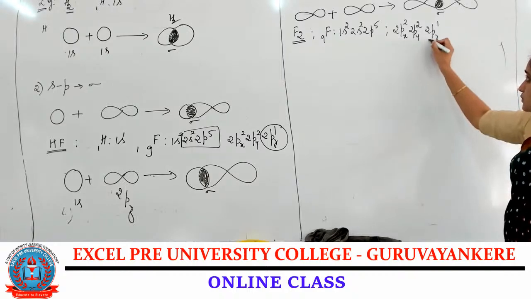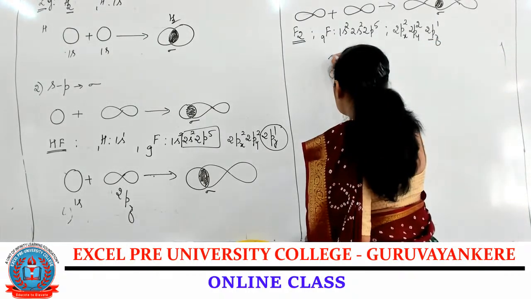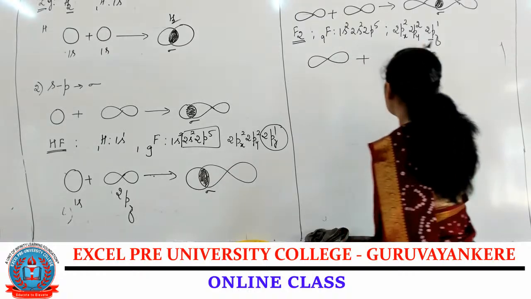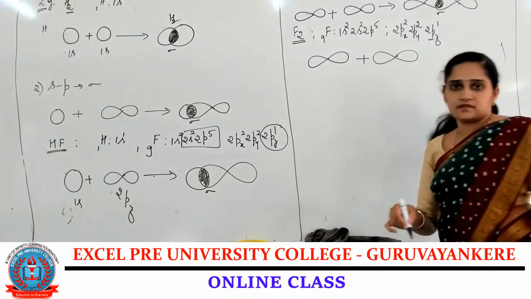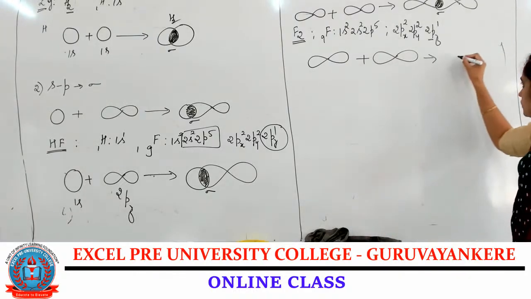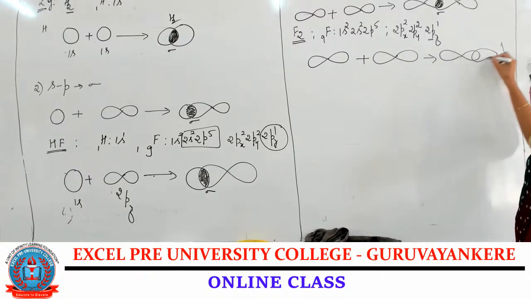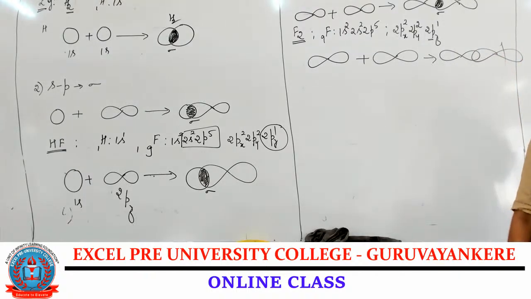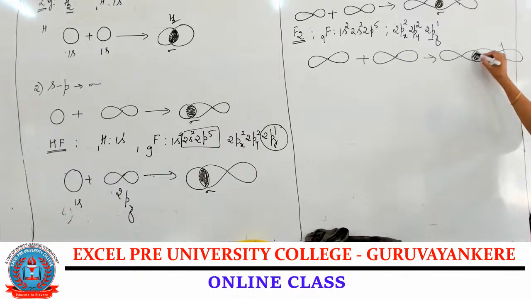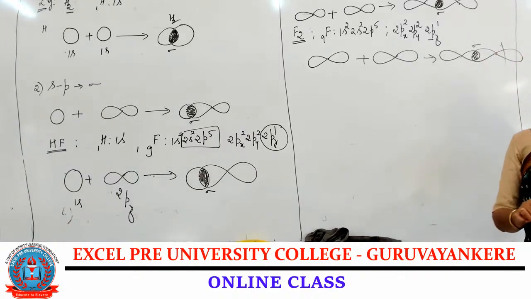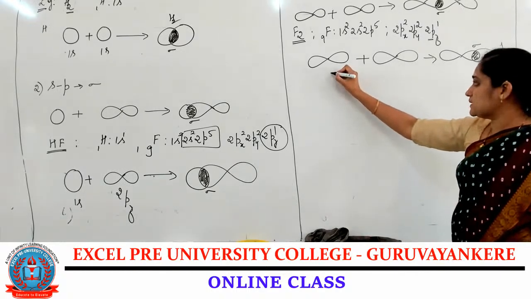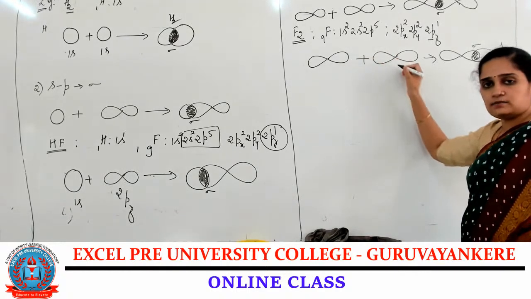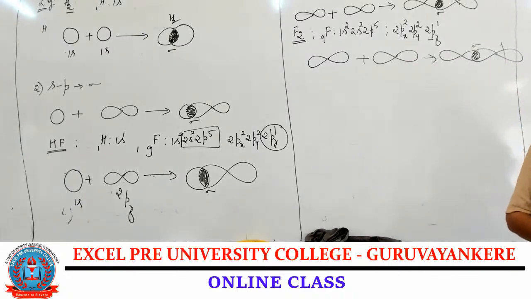See this 2pz1 is a dumbbell shape of one fluorine atom, another fluorine atom, another dumbbell shape. It overlaps head-on. So this is the formation of a sigma bond. 2pz orbital of one fluorine atom and 2pz orbital of another fluorine atom form the sigma bond.